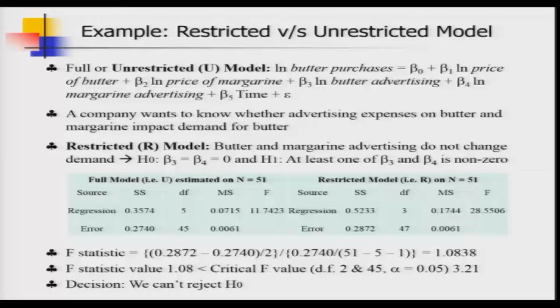And what could be the exclusion restrictions here? To develop the restricted model, we can start with the presumption that butter and margarine advertising expenditures do not change the demand. If you remember the previous slide when we were discussing the definition of the restricted model, I said that some parameters in the original regression model have to be set equal to 0, and what does that mean?